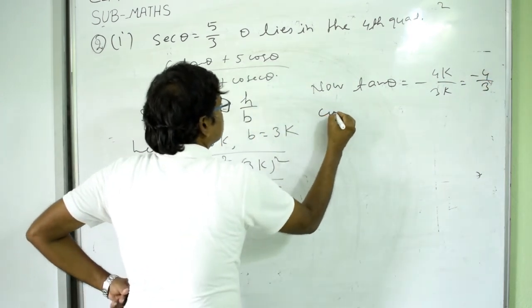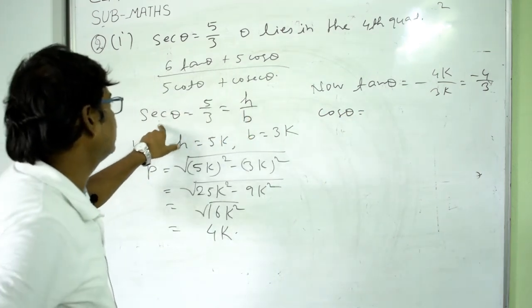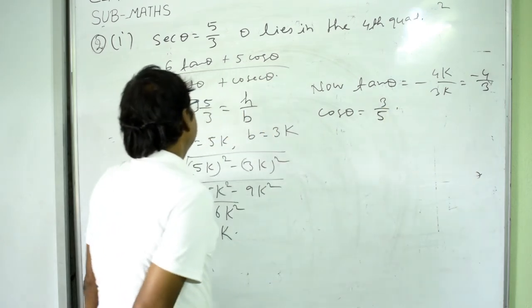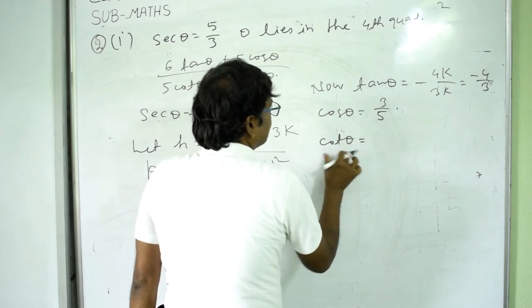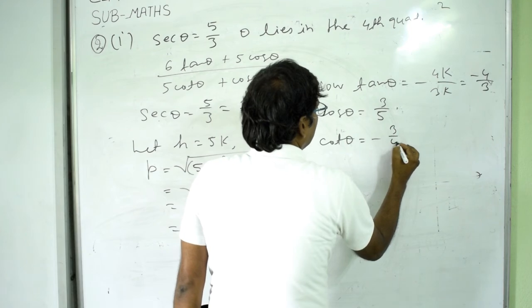Then what is the value of cos theta? You know that cos theta is the reciprocal of sec theta, so it will be 3 by 5. And cot theta is again the reciprocal of tan theta, so it will be minus 3 by 4.